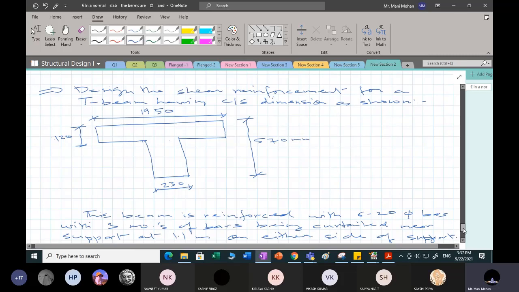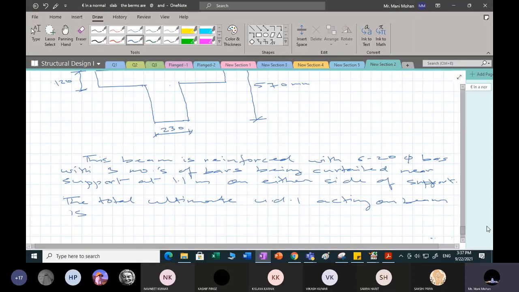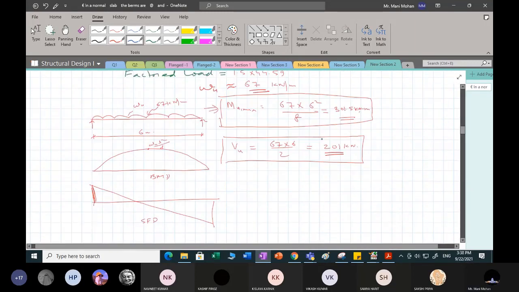In order to design the shear reinforcement, I need to know the design shear force. And also here I will write, the total ultimate UDL acting on beam is, so this we had done. I can extract the data. It was 67 kilonewton per meter.